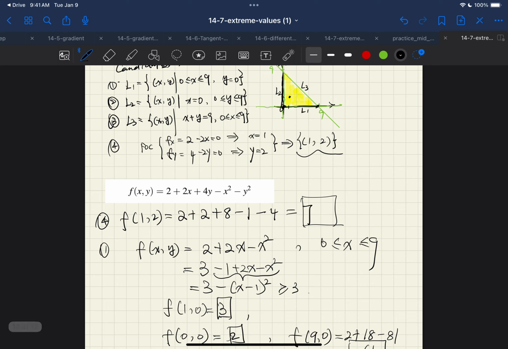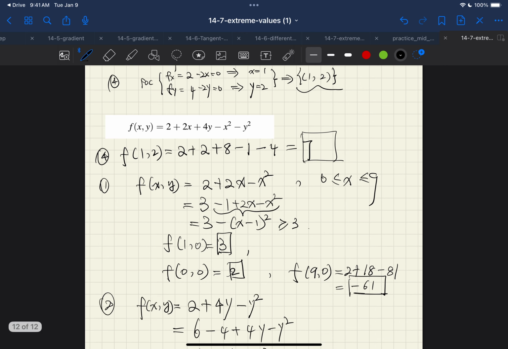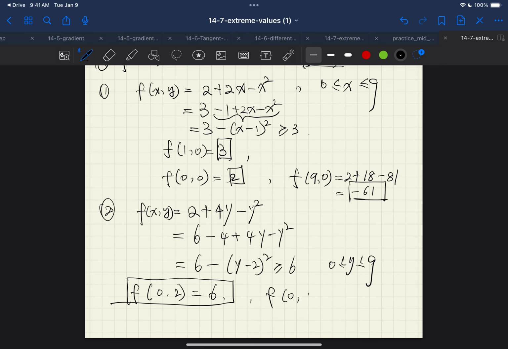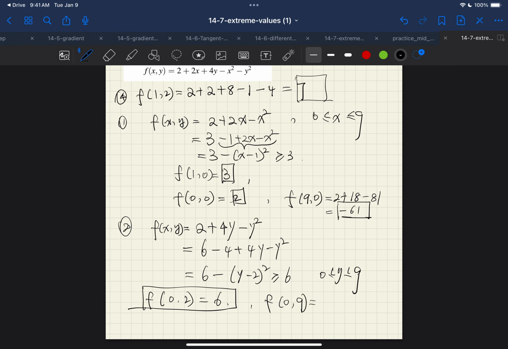We have calculated one corner already, so the other corner here is f(0, 9), which is 2 plus 36 minus 81. That gives me negative 43.